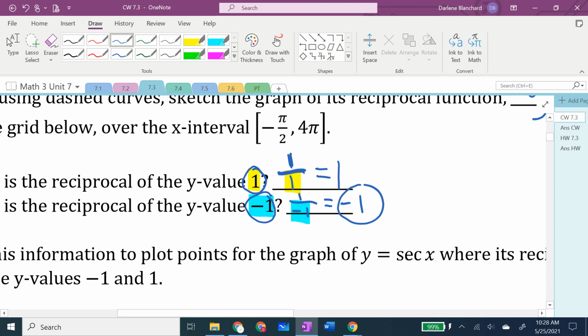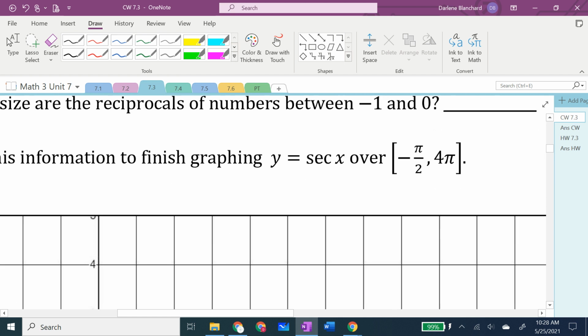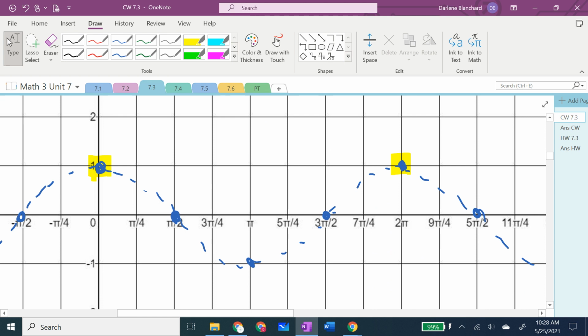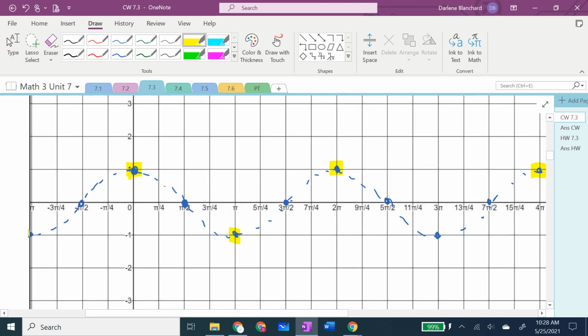That means that where I have the low points of cosine, the secant graph shares those points also. So if you are able to graph a cosine function, all of its highest and lowest points are also points on the secant graph. That is really, really convenient.